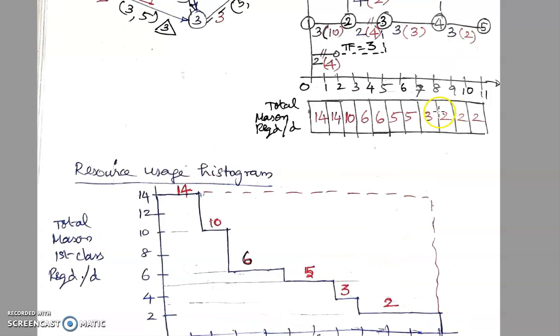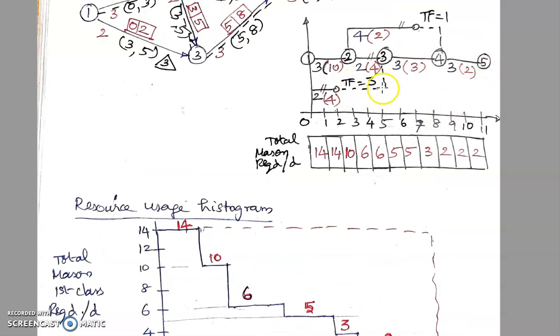We find that there are two non-critical activities, basically 1-3 with a float of 3 days, and 2-4 with a total float of 1 day. Only these two activities can be shifted, and the remaining are critical activities. So let us shift 1-3 by 3 days total float completely, so that the demand in this zone reduces, and shift 2-4 by 1 day fully.